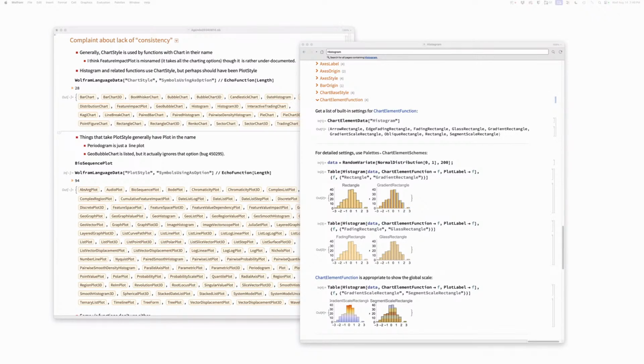For list plot, we can change what the marker shape is and what the style is and what the size is, and we can do all kinds of cool things and map different columns to all kinds of different things. And then you move to list line plot, and it's like, what do you do there? Because the line aspect of it imposes lots of constraints on what can usefully be done.